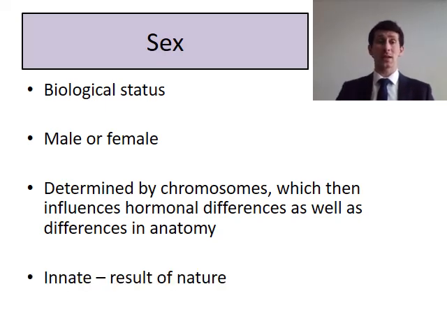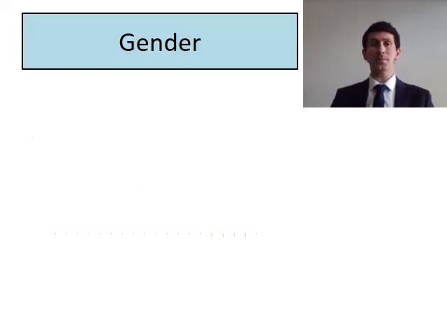So sex is basically whether you have a penis and are male, whether you have a vagina and you're female. Okay, and this is always a result of nature. It's something that's innate. You're born with a penis, you're born with a vagina. So that's what sex is, whether you are male or whether you are female.